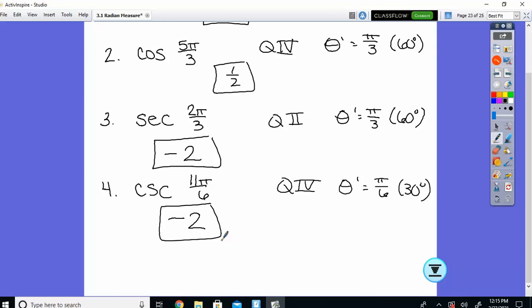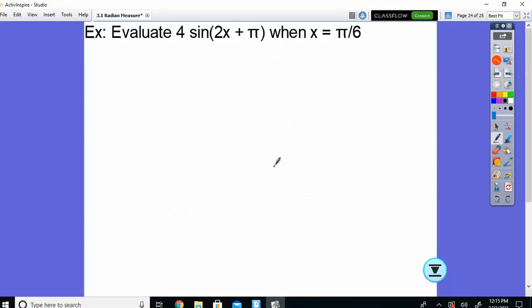How do we feel about those? One last question, last one of the day. So it's more along those lines, just got an extra step to it. Sine of 2x plus pi when x is equal to pi over 6.